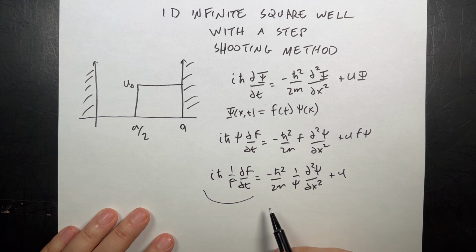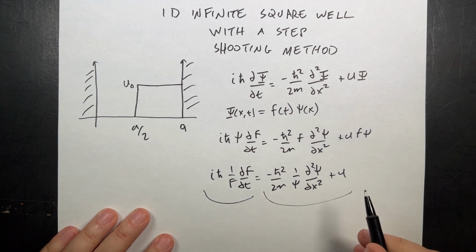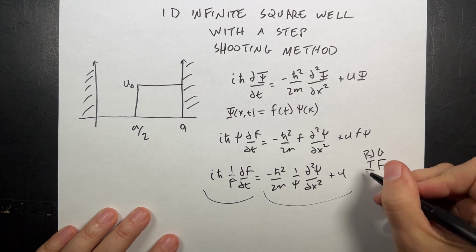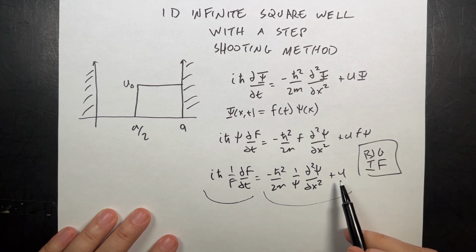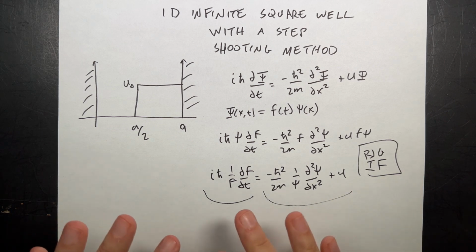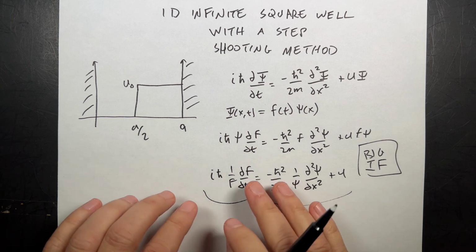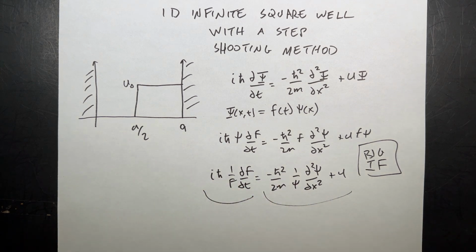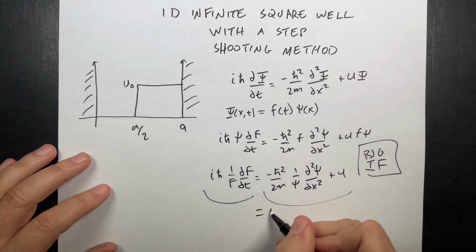This only depends on time. If U only depends on space, with no time dependency, then this whole thing only depends on position. And the only way for this differential equation to work, if this only depends on time and this only depends on space, is that they both are equal to a constant, and we call that constant E.